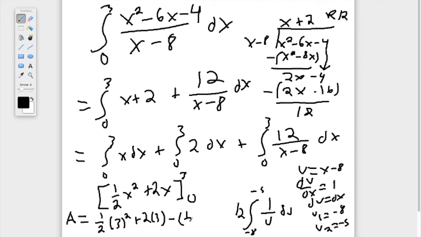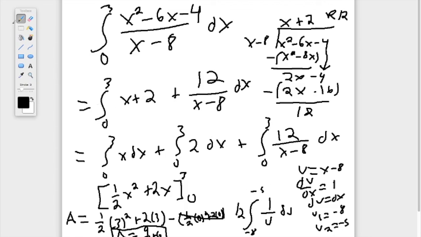So 1/2 times 0 squared plus 2 times 0, and then this cancels out, so we get a to be equal to 9/2 plus 6. So let's just keep that in mind. We're going to have to bring that up later, but I'm going to focus on this integral right here.